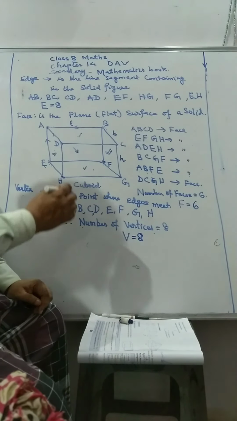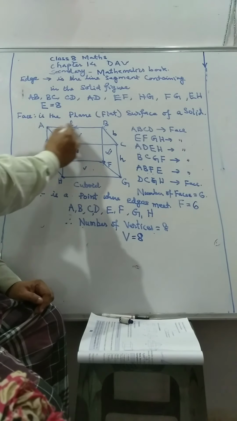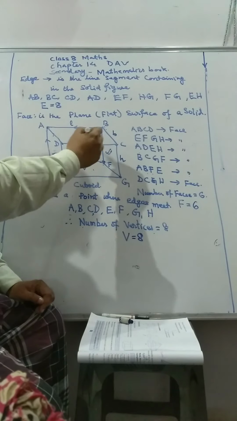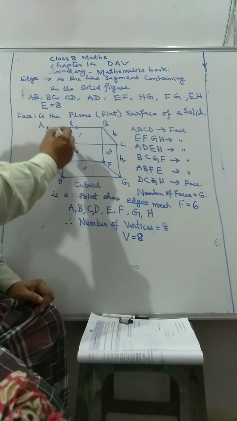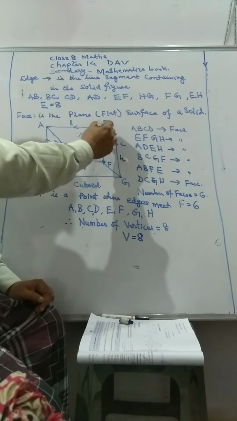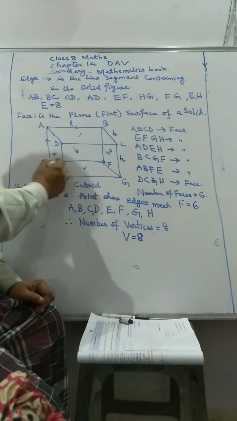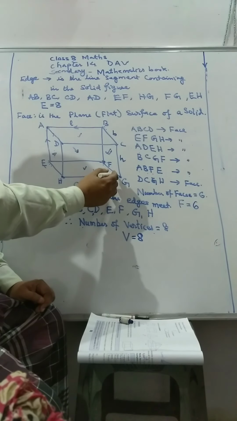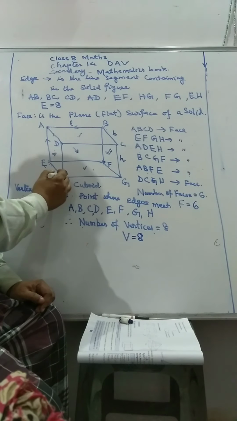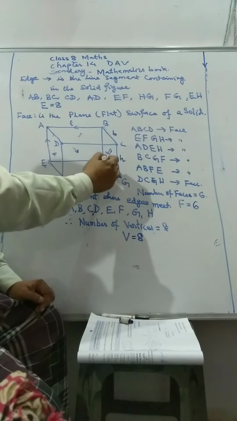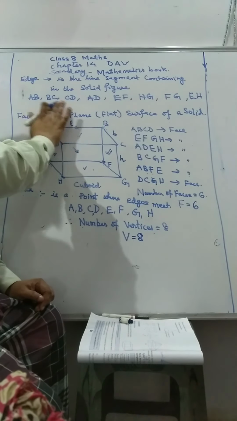Now let us see how many edges there are. I think there are more edges here, because I have taken AB, BC, CD, AD, and then EF, HG, FG and EH. Now the vertical ones I have not taken, so it is not 8, there will be more edges.